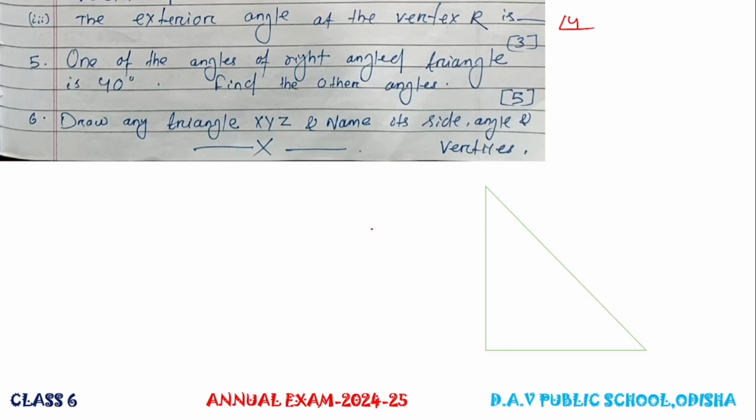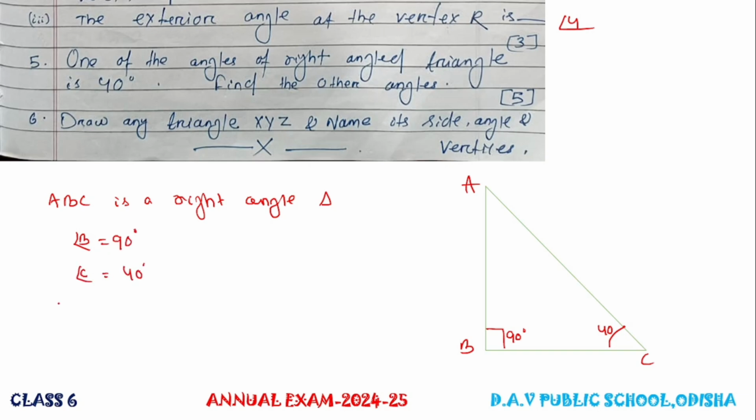Next question. One of the angles of a right angle triangle. Suppose ABC is a right angle triangle, which means one angle must be 90 degrees. Any doubt? Now the question is, one angle is given, that is 40. Suppose this angle is 40. So find out the third angle. We can write: ABC is a right angle triangle. Here angle B is equal to 90 degrees and angle C is equal to 40 degrees.